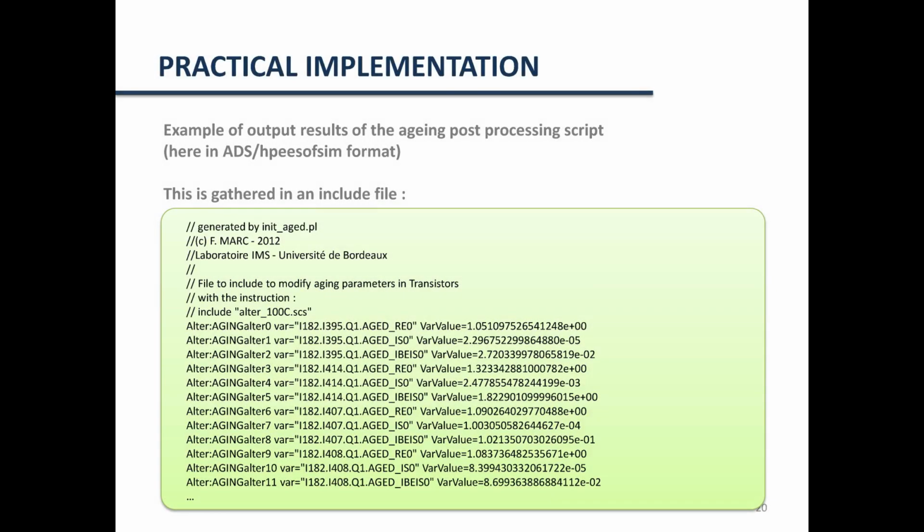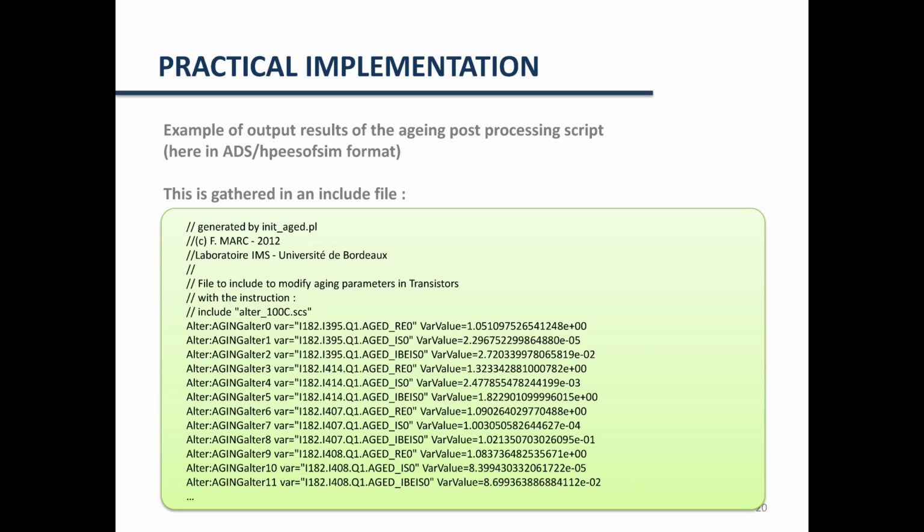So the script basically works in this way. It captures the output voltage of the new model nodes, and then it processes this into automatic alter statements for every defined instance in the circuit. And this is what we have here.